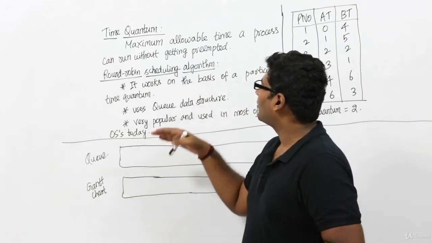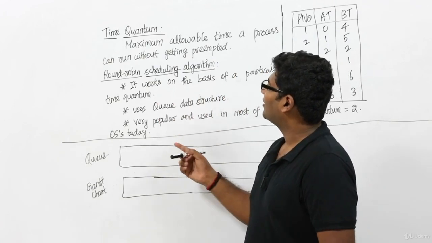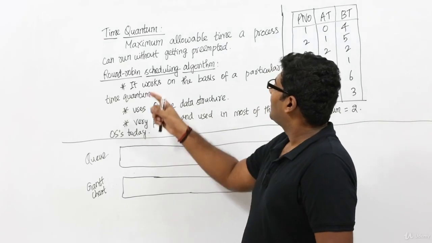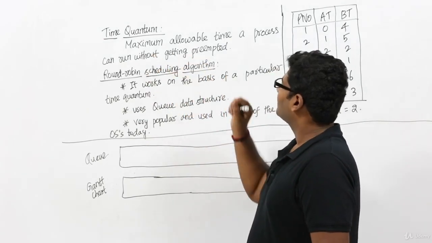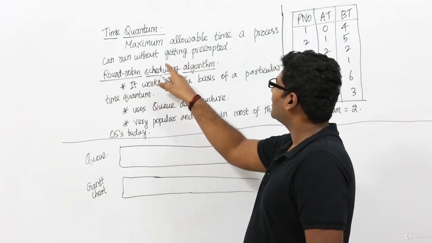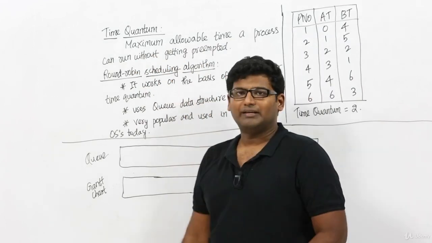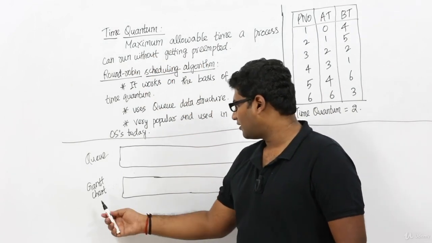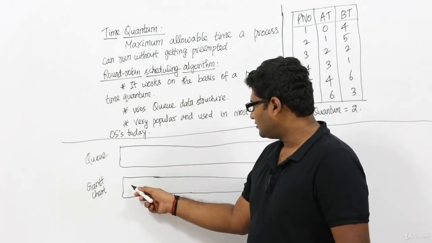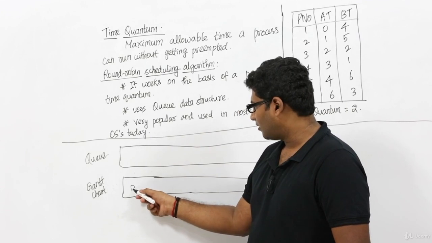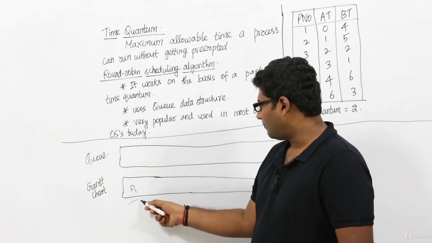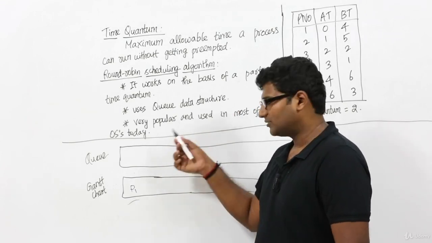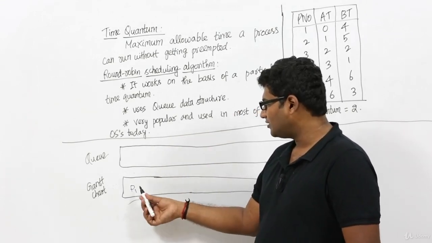Before seeing the round robin scheduling algorithm, let's first understand what is meant by time quantum. It is the maximum allowable time a process can run without getting preempted. See, what we generally do when drawing the Gantt chart is, whenever we start with process P1, we either execute it completely, or whenever a high priority process comes, we preempt it and then execute the new process.